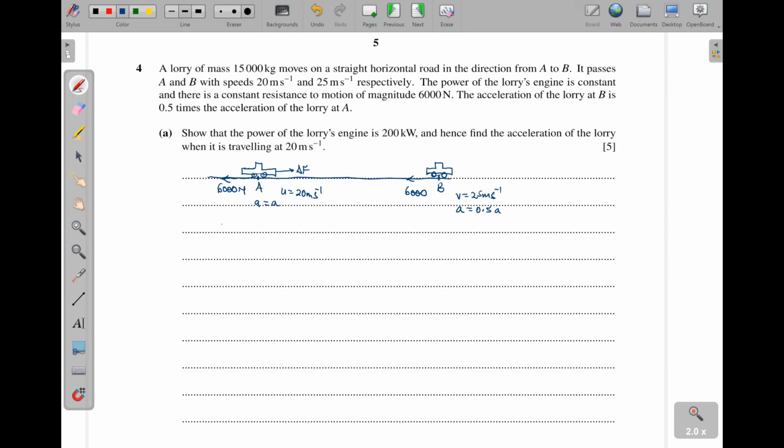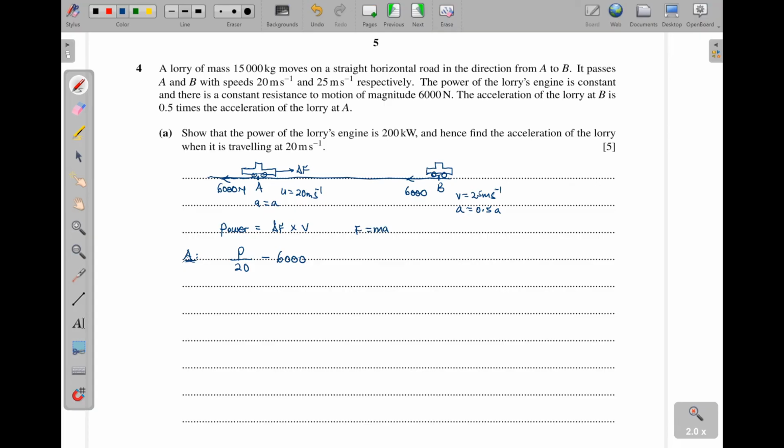Now, we know that power is equal to the driving force times the velocity. So let us look at point A. We have the driving force which is going forward. So that driving force is equal to power over the speed. So power, which we don't know, over the speed, we know it as 20, then minus the 6,000. Remember, we are going to substitute in F is equal to MA.